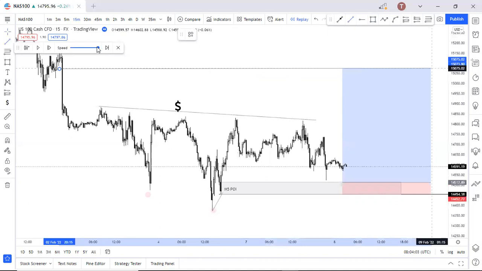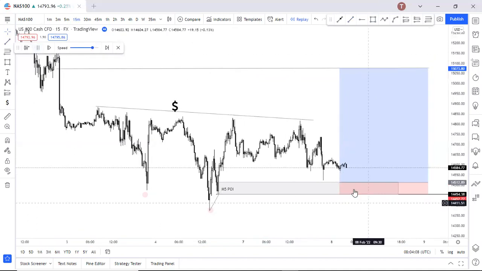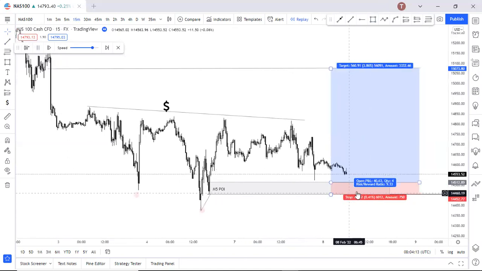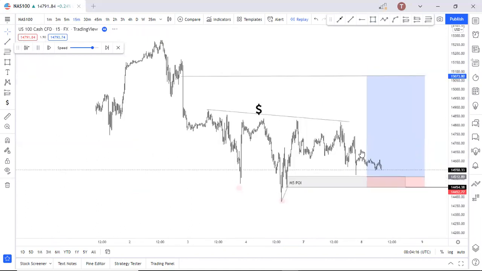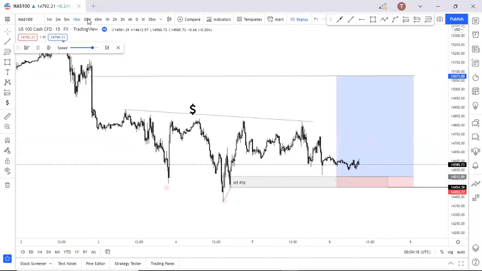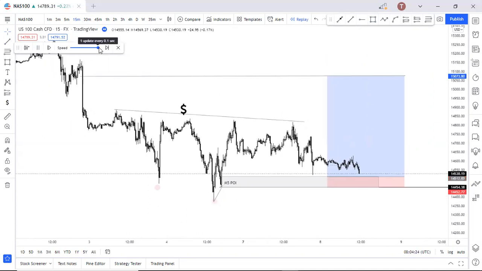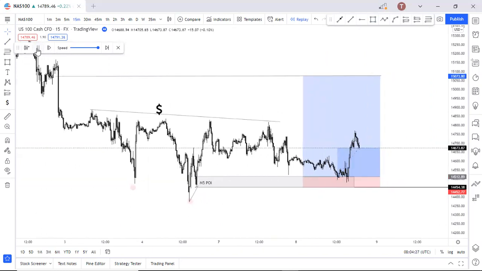So let's play the markets. And yesterday around New York Stock Exchange open, market tapped me in perfectly and I was up.